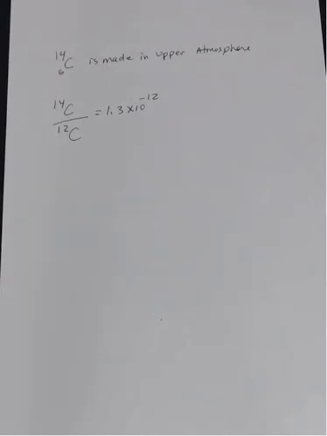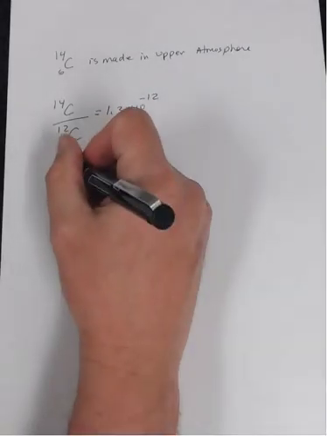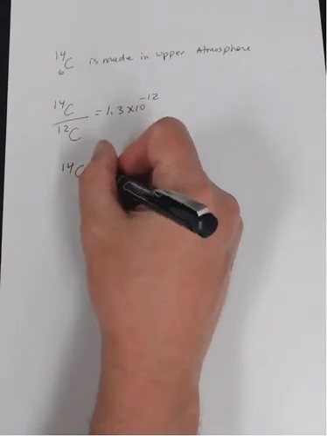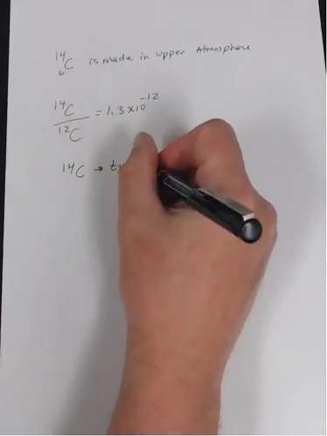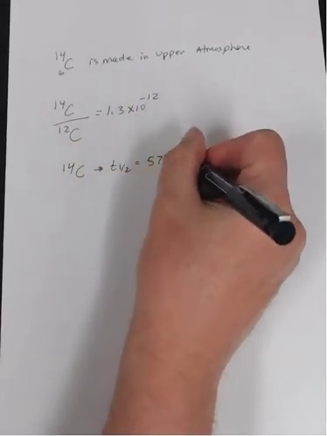So when we breathe in, or when trees take in carbon, we are taking in some carbon-14 too. But carbon-14 is unstable. It's radioactive, and it has a half-life of 5,730 years.